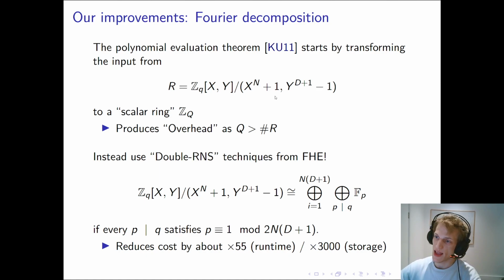The basic point is that if we take the polynomial data structure and the evaluation algorithm, then the first step of evaluating at a point is in this case to reduce the input element from this ring here into a scalar ring. Now this scalar ring must be extremely huge because it must accommodate every element of the original ring, plus also there's some overhead that is required to ensure that this transform is compatible with the polynomial evaluation.